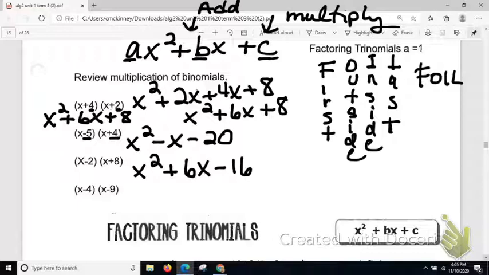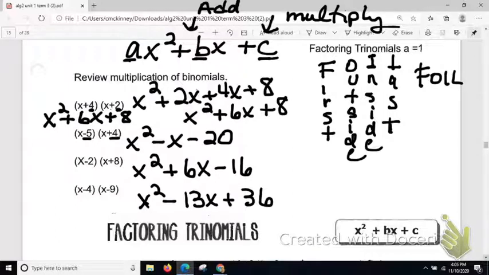And my last example: x minus 4 times x minus 9 is x squared, negative 4 plus negative 9 is negative 13x, and negative 4 times negative 9 is plus 36. So those are some examples where we're multiplying.